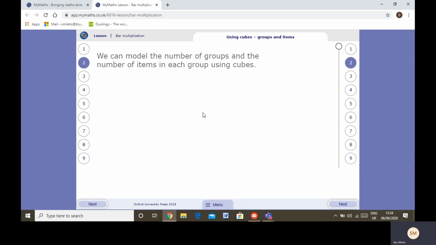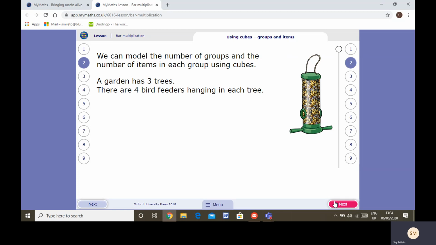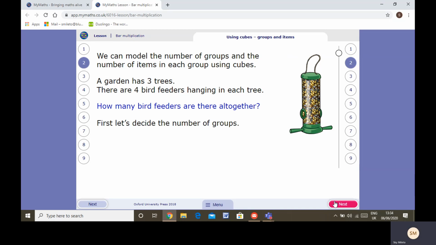So we can model the number in each group using cubes. And remember, in lesson we even did this. We got out the cubes and we modelled the number. A garden has 3 trees. On each tree there are 4 bird hangers. How many bird feeders are there altogether? So first we need to know the number of groups. We're not going to pick the bird hangers as the groups.